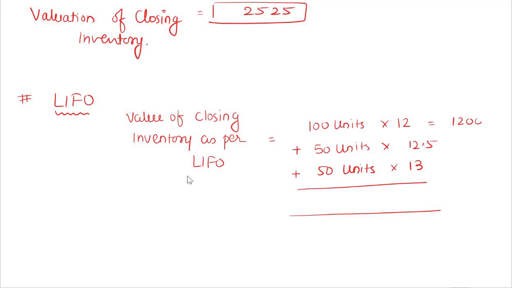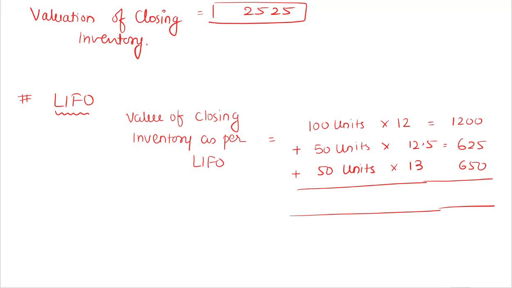So this would be 1200, plus 12.5 multiplied by 50 is 625, and 13 multiplied by 50 is 650.